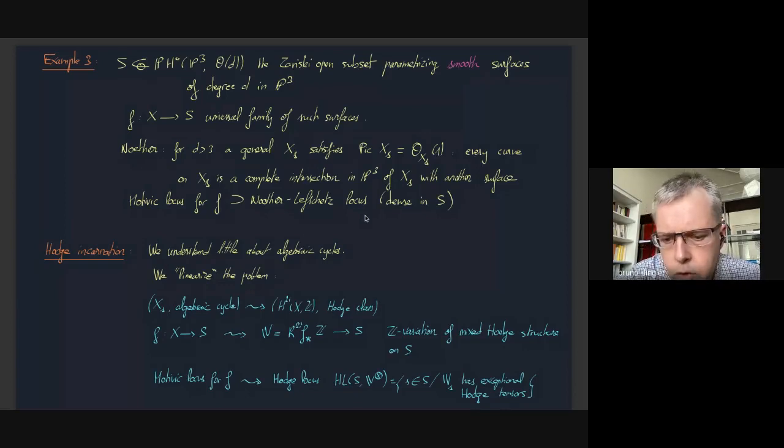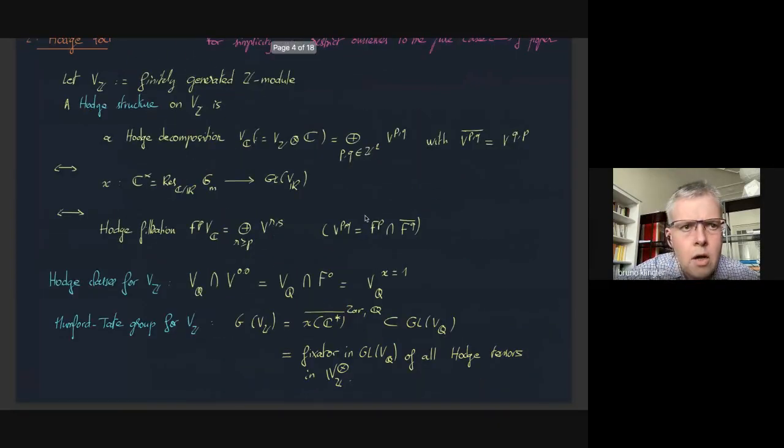So if you have a variation of Hodge structure V over a quasi-projective base S, then you can look at the Hodge locus denoted HL(S, V^⊗), which means that I look at all the points in the base where the fiber V_s, which is now a certain Hodge structure, has exceptional Hodge tensors. So it has more Hodge tensors than the very general fiber in your variation. And this is the locus that I'm interested in.